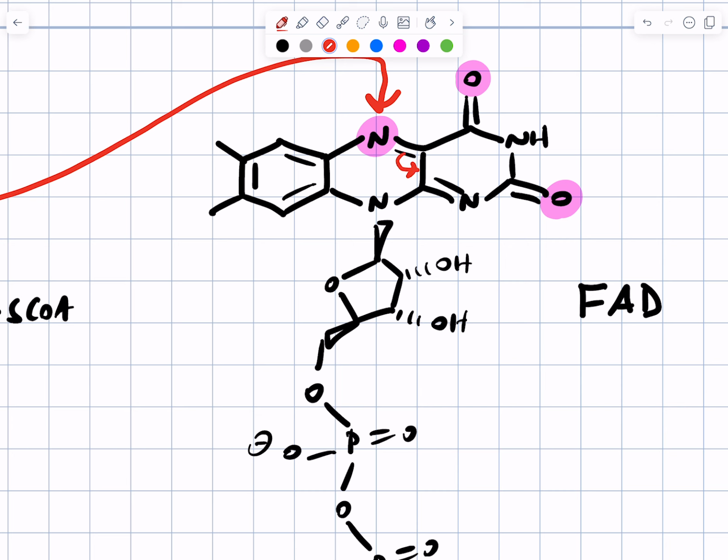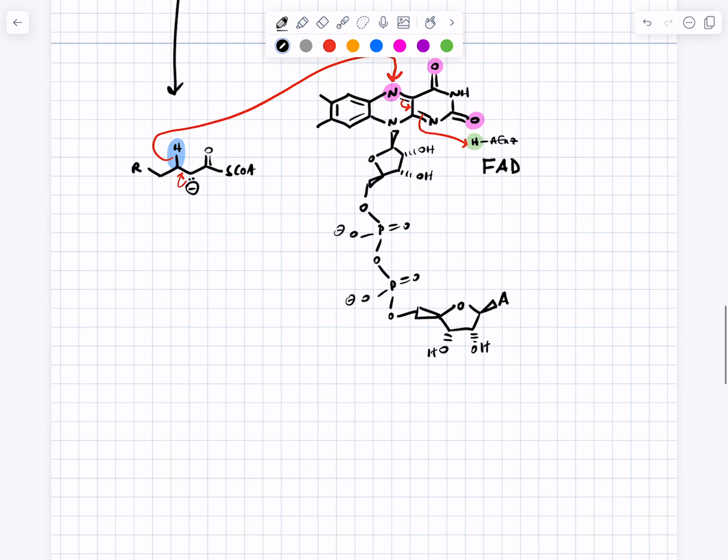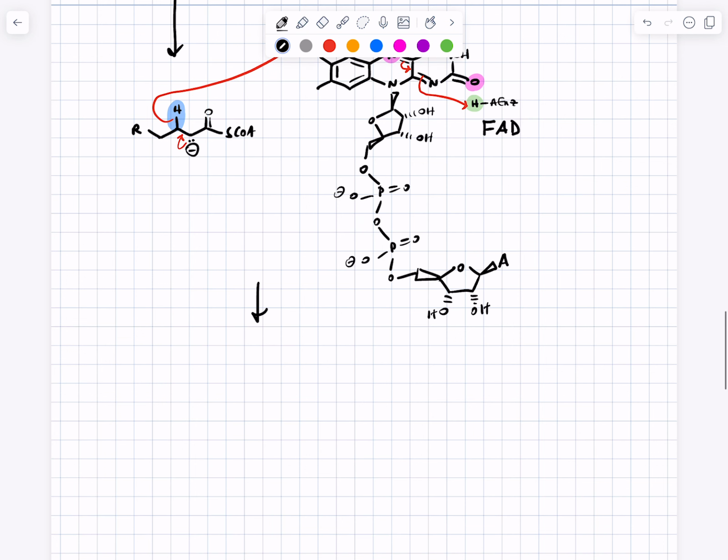Then these electrons go here, and these pick up a proton from the enzyme. And the product of this mechanistic step is the alpha beta unsaturated carbonyl compound, where we now have a pi bond between alpha and beta carbons.